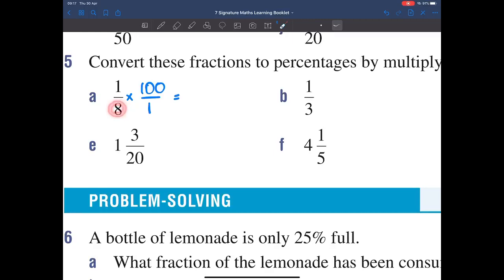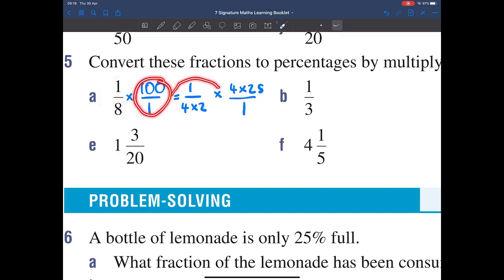Let's do 4 times 2 for 8. And for 100, let's do 4 times 25. You'll see why I do this in a moment. So 1 over 4 times 2 times 4 times 25 over 1. So this is the same as this. The only difference is I've broken 8 into 4 times 2.